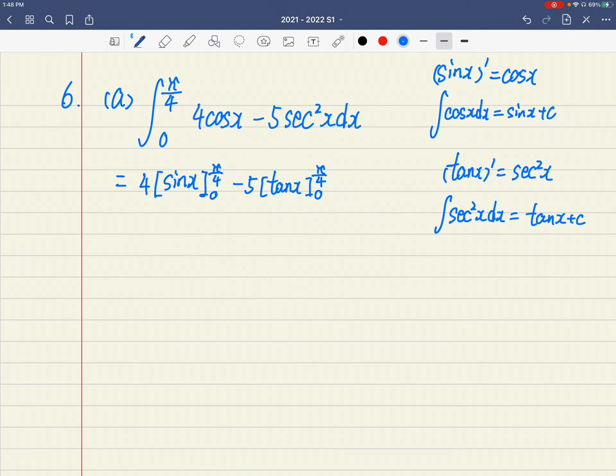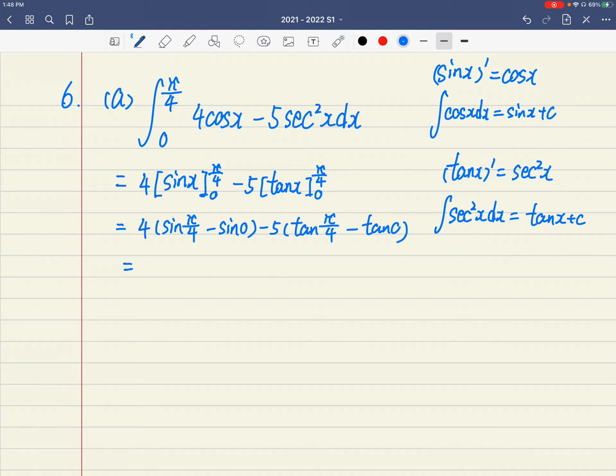Then you do the substitution. So it's 4 times sine pi over 4 minus sine 0, minus 5 times tangent pi over 4 minus tangent 0.